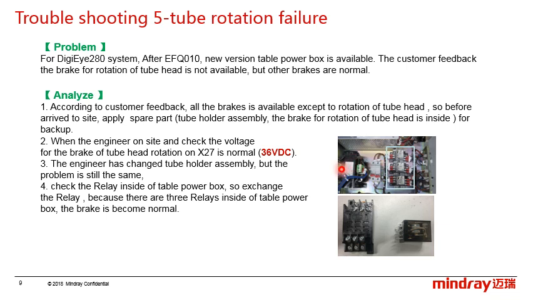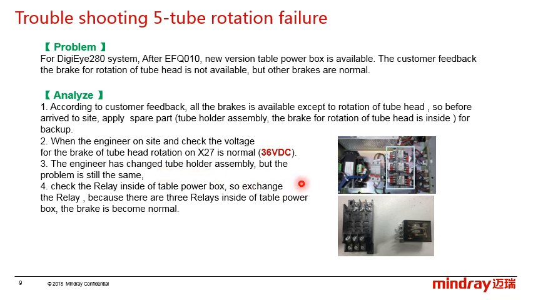And when the engineer is on site, we ask the engineer to check the voltage for the brake first, and the brake power comes from the table power box on X27, and its normal output is 36 volt DC. The engineer tests it and it's normal.